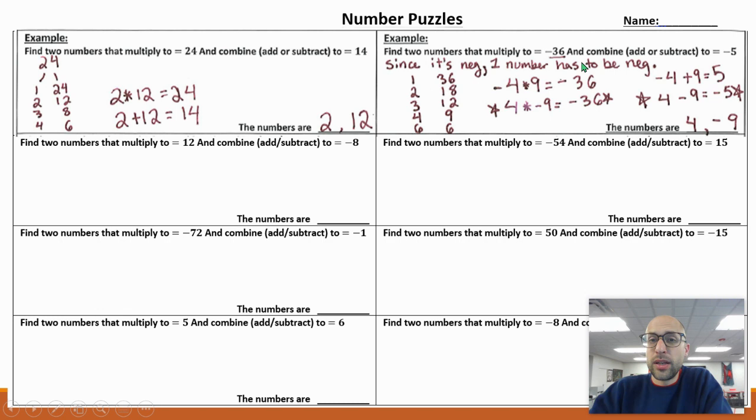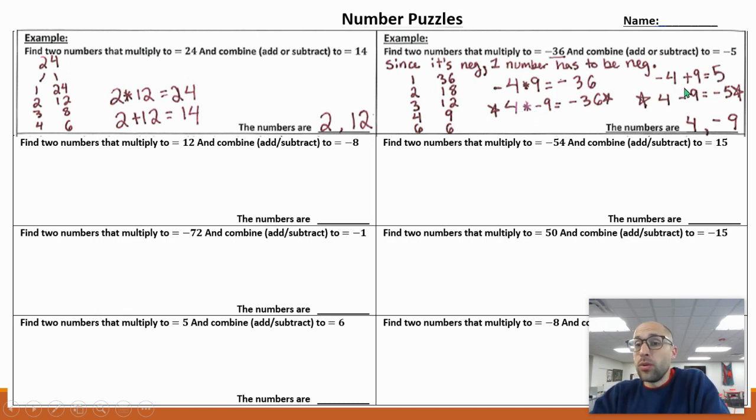For the second example, notice that the numbers have to multiply to a negative. So one of the numbers in your factor list is going to have to be negative when you start going through and trying to figure out which of those combinations combine to -5. Notice -4 and 9 multiplied together is -36. Sorry, for -9.